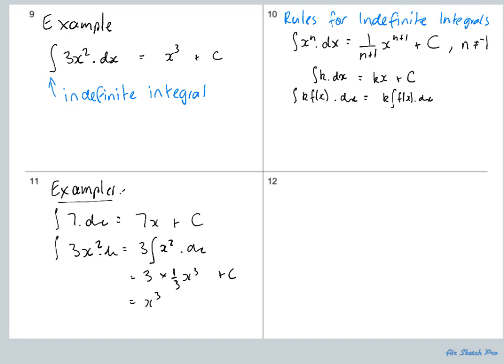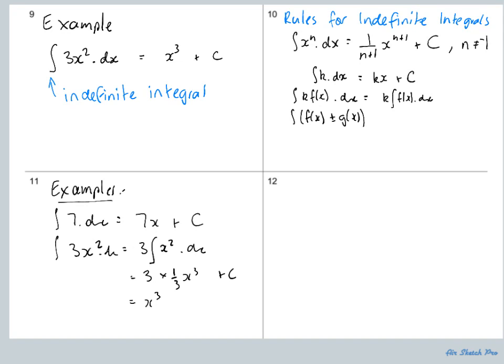The next rule is the sum or difference rule, which basically says that if I've got functions added up, then I can just find the integral of each one. So it's saying that the integral of f of x plus or minus another function g of x, and you could imagine that it could naturally go to 50 different functions if you want.